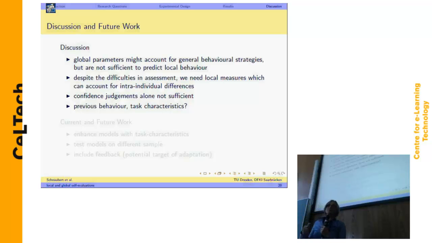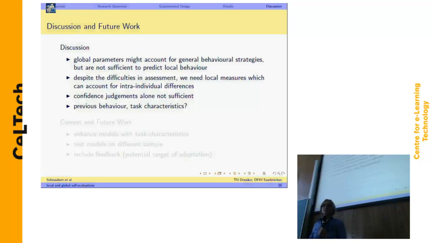And despite the difficulties we often have if we use repeated confidence measures, we need some local measures which can account for intra-individual differences also. If it's response confidence, it wasn't such good results that we would say we really have to go for this, but at least there is the prediction increase.